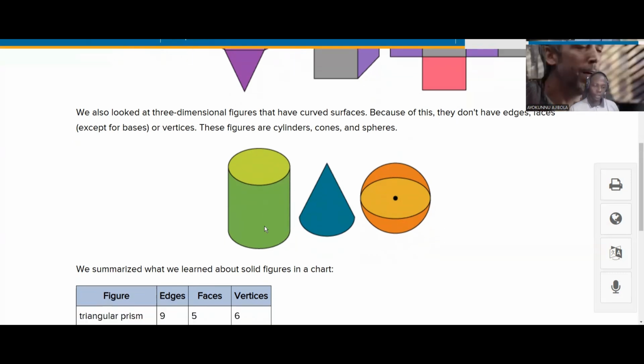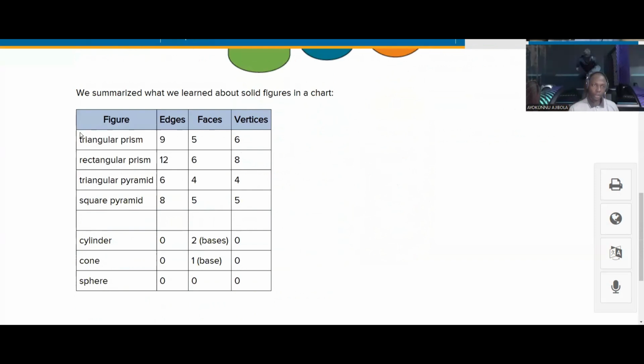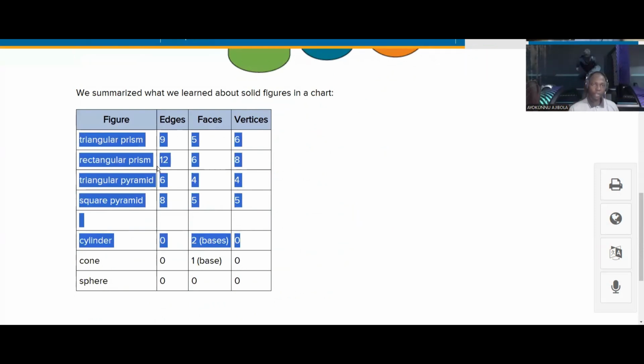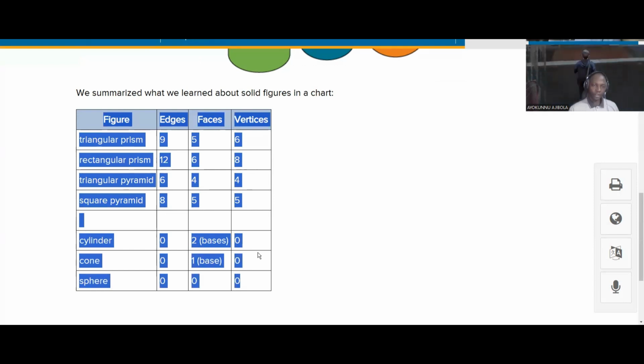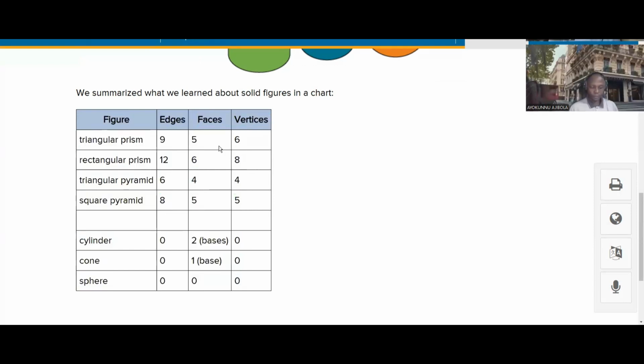Okay, now. So I want you to read what's in this table: the number of edges, name the figure, name the edges, and name the vertices. Okay? Yes. Now name them.